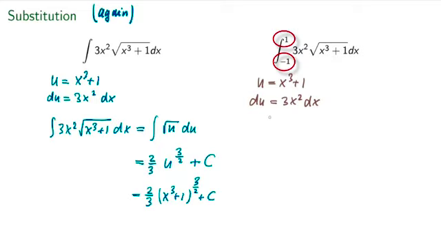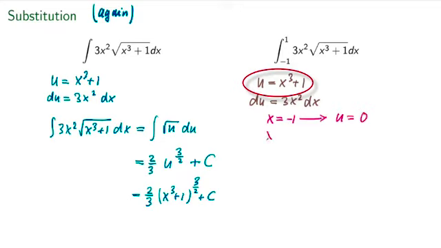So this is new. When x is -1, this means u is what? Well, sub it into the formula. -1 cubed is still -1, plus 1, so that would be 0. And if x is the upper boundary, 1, then u would be 1 plus 1, which is 2. So the new integration boundaries are 0 and 2. So then we continue.